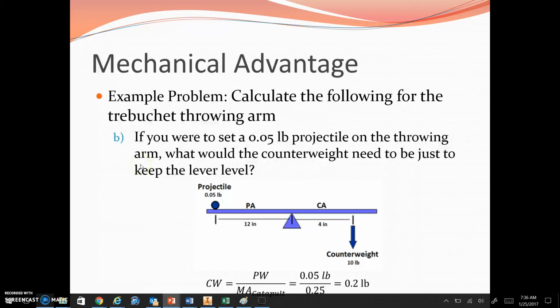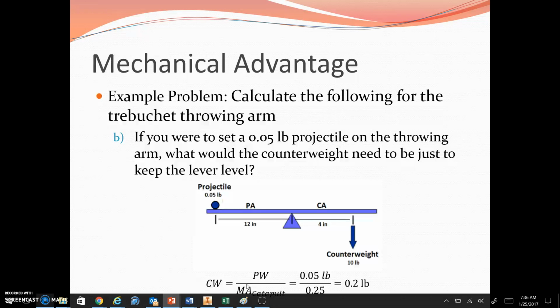Let's see. Part B. If you were to set a 0.05 pound projectile on the throwing arm, what would the counterweight need to be just to keep it level? Now I gave you an equation for that too, where it says the weight of the counterweight equals the projectile weight divided by the mechanical advantage.